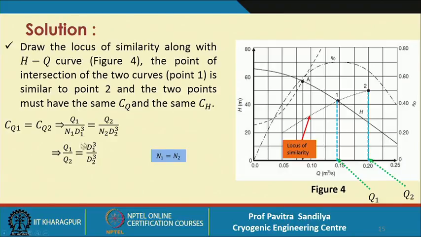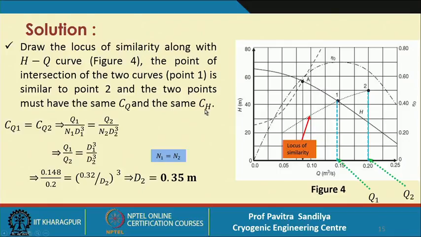Once they are at the same speed, we find how the capacity is related to the impeller diameter, and this Q1, Q2 are read from this particular graph. We plug in the values of Q1 and Q2 and find the value of the impeller diameter for the second pump.